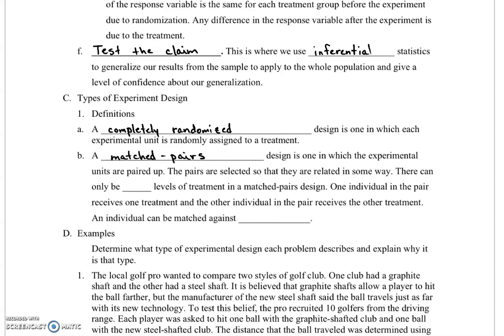In a matched pairs design, there can only be 2 levels of treatment. So one individual in the pair receives one treatment, and the other individual receives the other treatment. An individual can also be matched against him or herself.